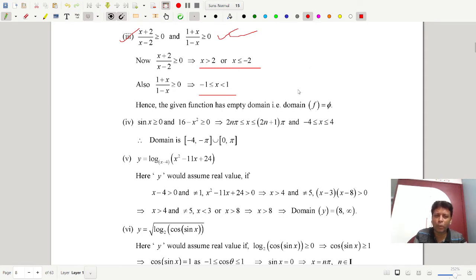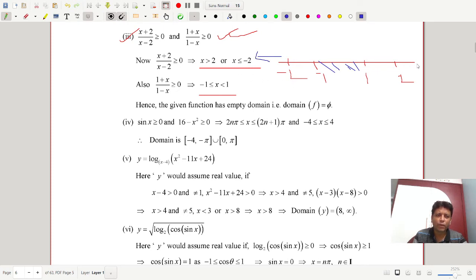So is there any intersection portion? What is the intersection of these two regions? You said one of them is -1 to 1, and the other is -2 to the left and more than 2.